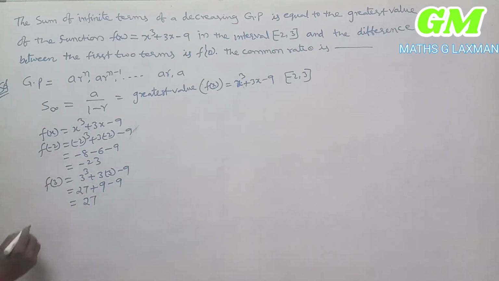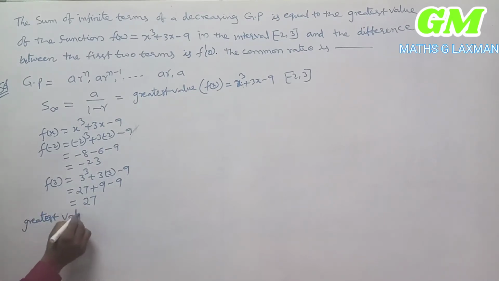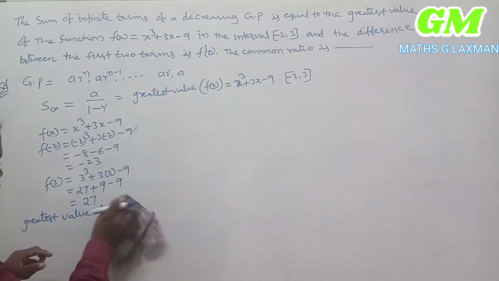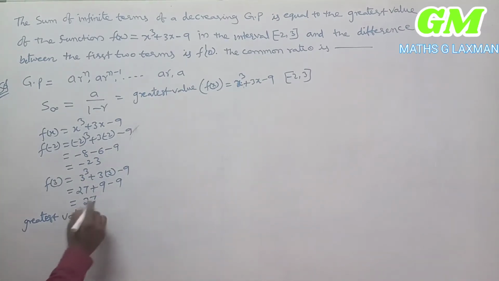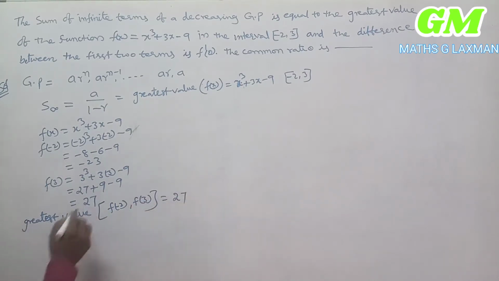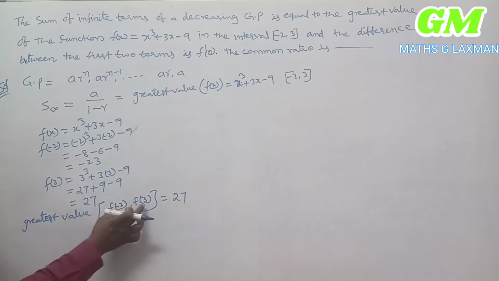So the greatest value of f of x in the interval is the greater of f of minus 2 and f of 3. Comparing these two, we get that 27 is the maximum value.